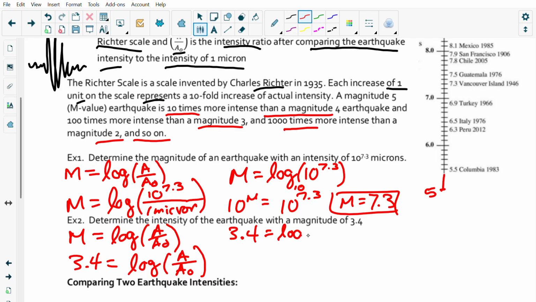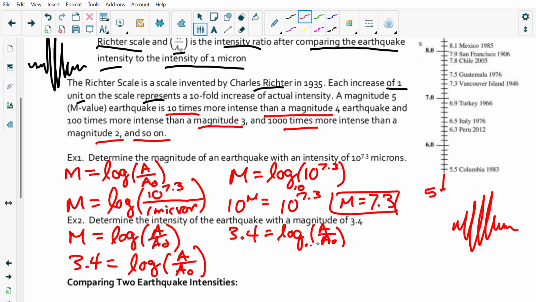This A over A naught value, I know there's two variables, but A naught is that reference magnitude, the one you can barely detect. So what we're looking for is the comparison of the intensity A over A naught, the intensity of the earthquake as measured on a seismograph compared to the reference intensity.